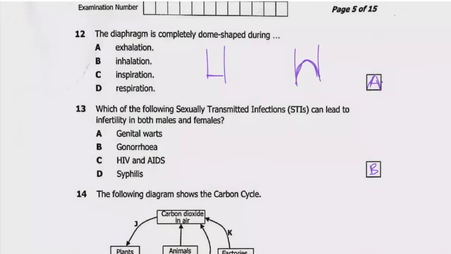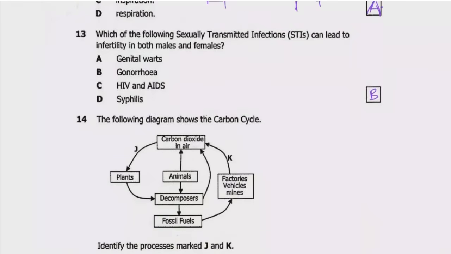I won't have much to say there. I'll just help you to identify the disease that leads to infertility, which is gonorrhea. The other diseases are different: HIV, syphilis, genital warts. These four diseases are usually mentioned in different questions.